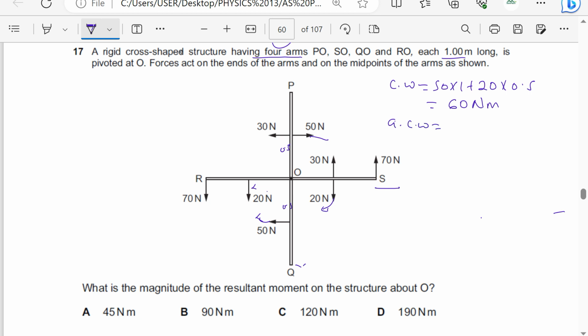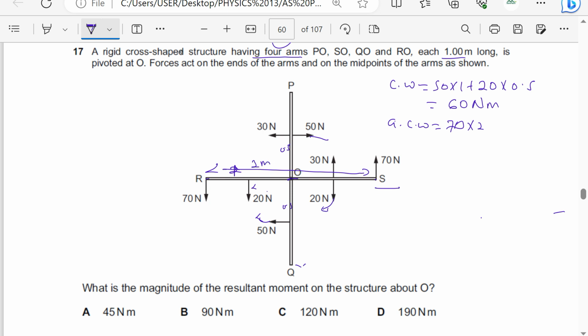Anticlockwise, we have 70. Oh yeah, this perpendicular distance is, we have 70 times the perpendicular distance. From here up to here it is 1, from here up to here it is 1, so the perpendicular distance here is 2, not 1.